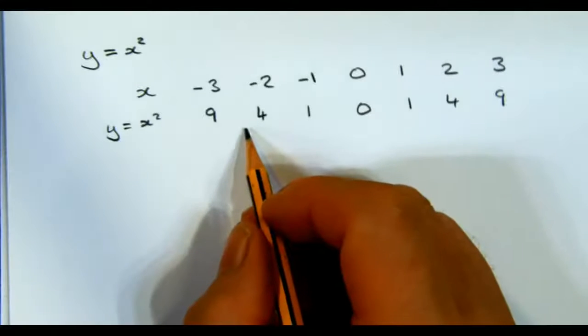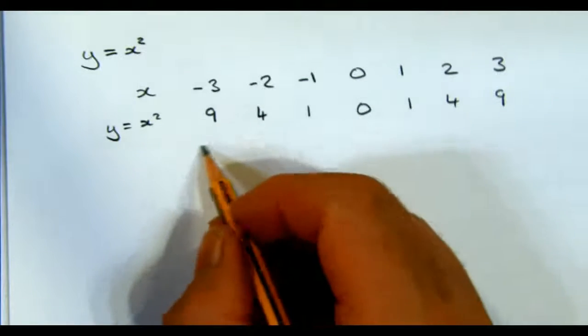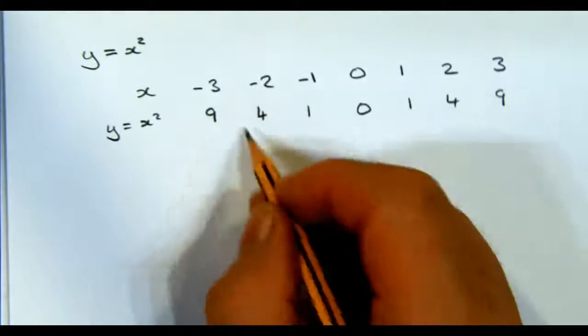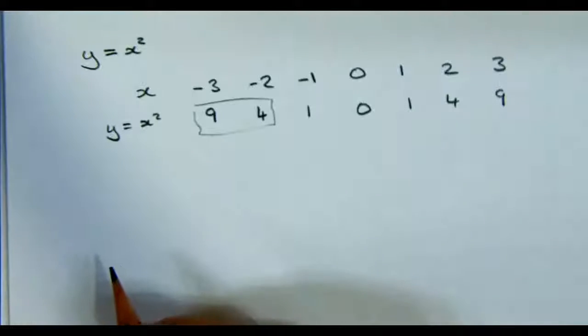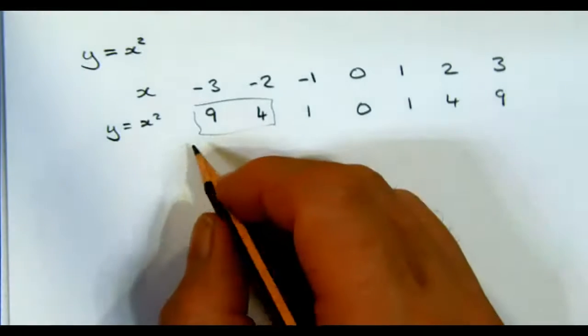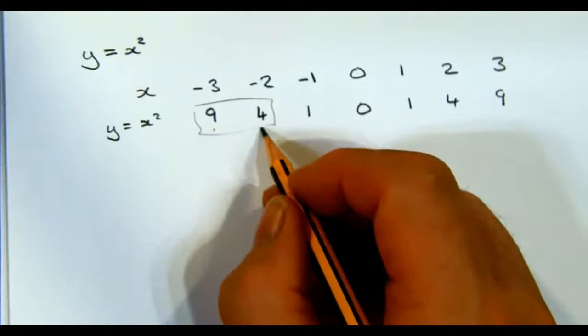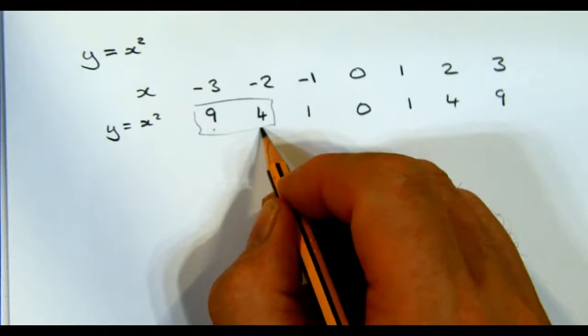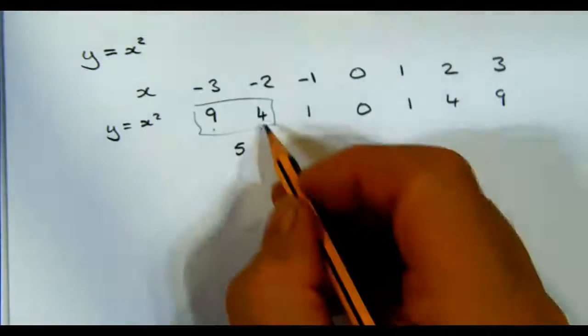Now, if we look at the change in y with respect to x, if we take these two values here, then we're seeing that y is decreasing from 9 to 4. So it's reducing by 5 units.